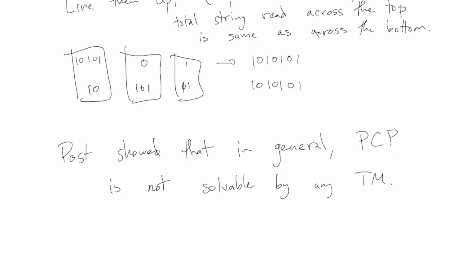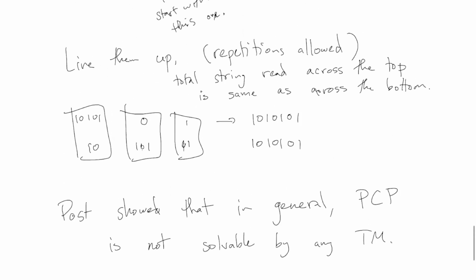The way Post did this, and I was going to do the details but we don't have time, is that he demonstrated that if you somehow had some kind of magical method of solving the PCP, that could be transformed into a method for solving the halting problem. So this is referred to as reduction to the halting problem. You have some other question and you show that somehow that question, even if it doesn't seem like it, is equivalent to the halting problem. The PCP is not solvable by any Turing machine.